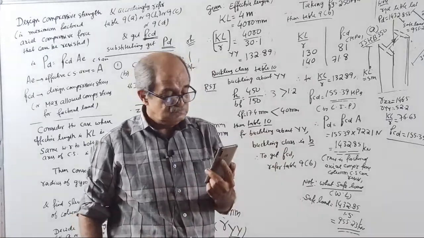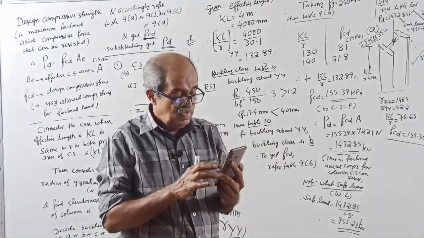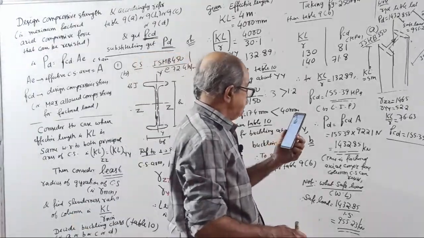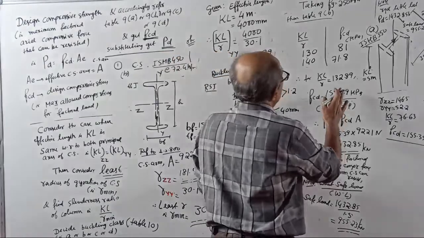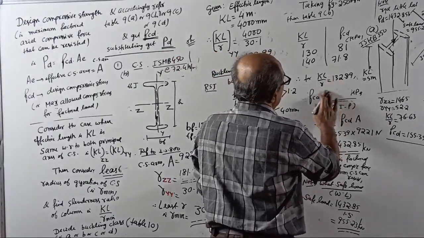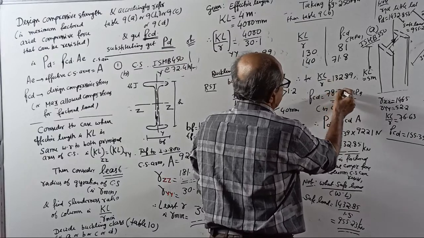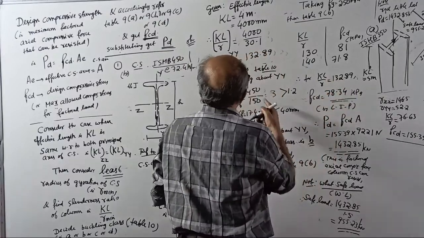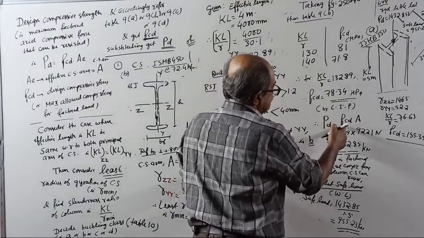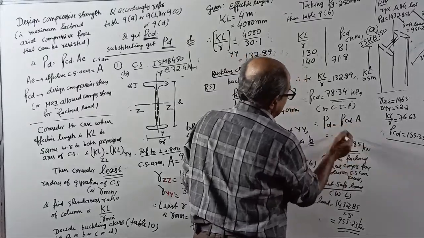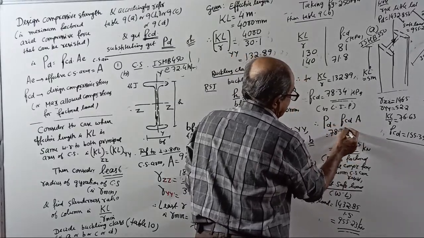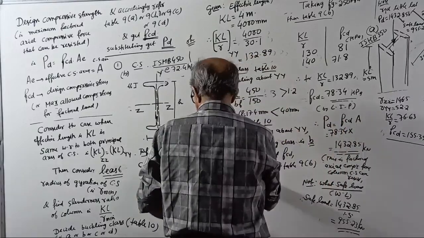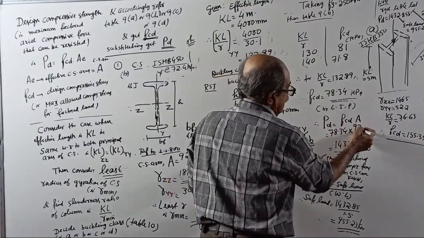It is 78.34. Okay, I will believe you. 78.34 for 132. Now therefore, FCD into area will become 78.34 into area, which is 9227.